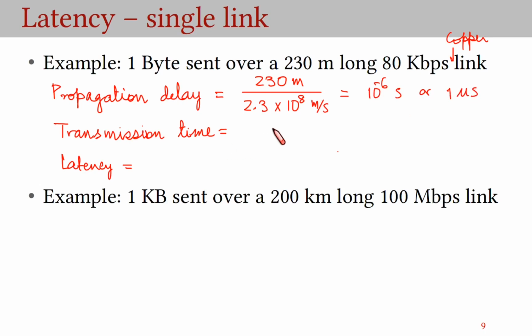The transmission time would be the size of data, which is just 1 byte, that is 8 bits, divided by the bandwidth, which is 80 kilobits per second, that is 80 times 10 to the power 3 bits per second, and this gives us 100 microseconds.